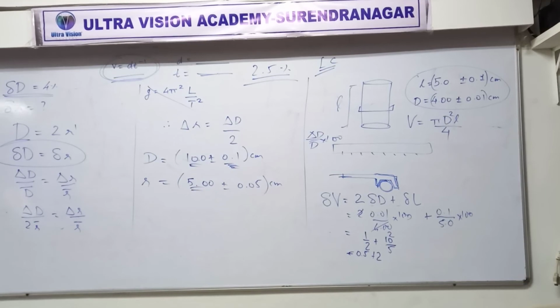He commits an error delta L in measuring length, and for that he takes the time of n oscillations with a stopwatch of least count delta t and commits a human error of 0.1 second. That means there is some error in length, there is some error in time. Clear? So error in length, error in time, they are shown in that table below.